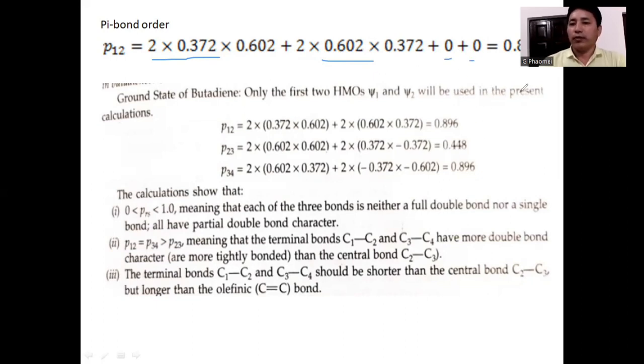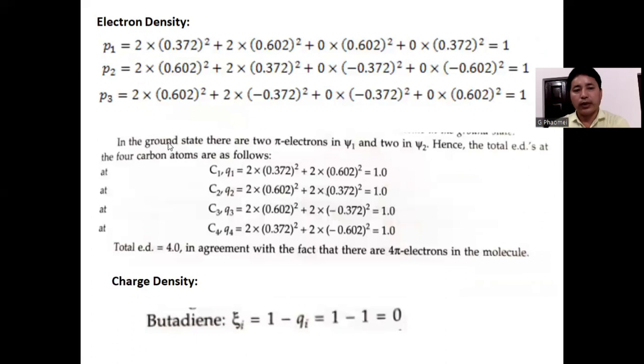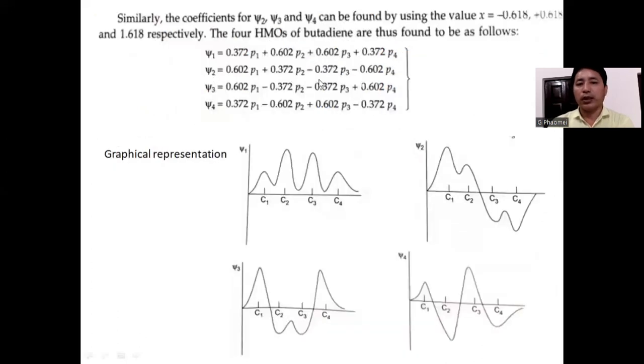So the value of the pi bond order is this. And similarly, for 2, 3, and 3, 4 also, we can calculate, since we know the coefficients of these wave functions. That means the coefficient is given here. This is for carbon 1 and carbon 2, and carbon 2 and carbon 3, carbon 3 and carbon 4. Like this we can determine.